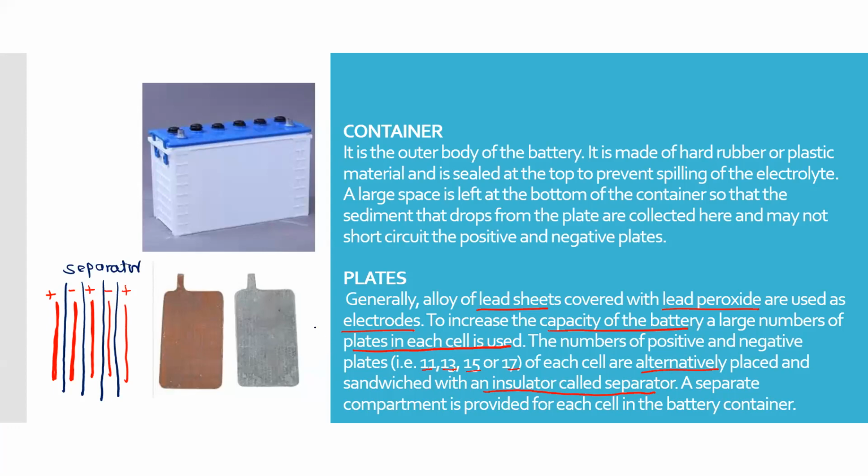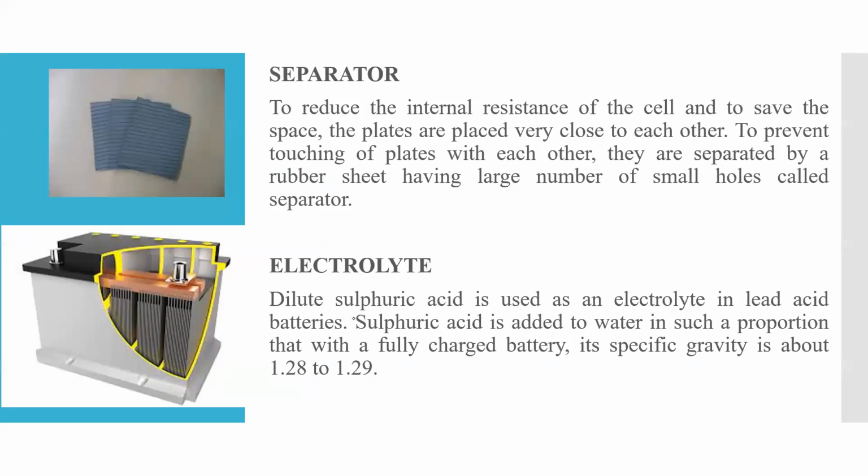Understand? So basically we have a separate compartment between the separators, in which you place the cell. You can see them here, in the first one and in the second one. The first one is a separator material.